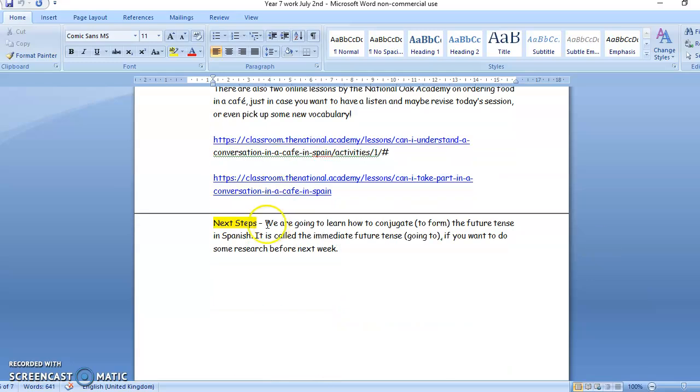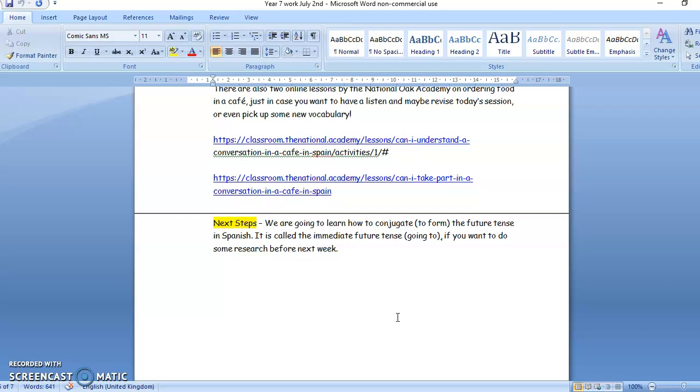Okay, so next week we're going to get to the future tense in Spanish. So it's going to. Now, which we've actually seen in today's lesson and last week's lesson as well, and perhaps previous to this as well. I know I have introduced a little bit to my classes.